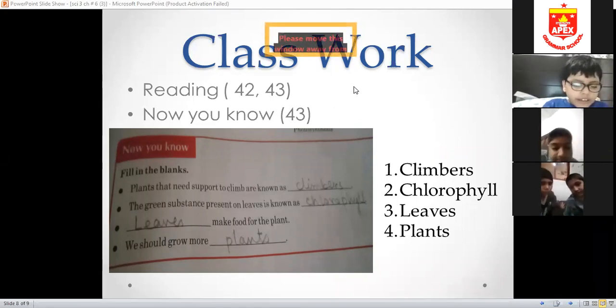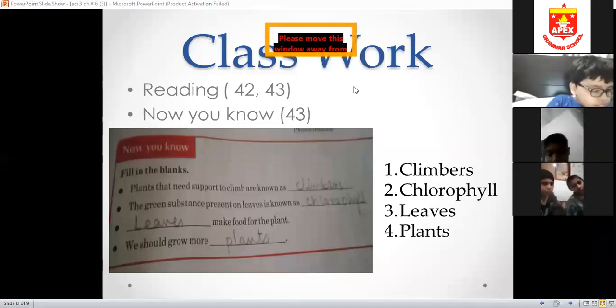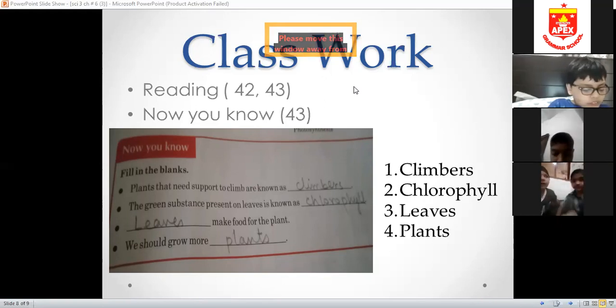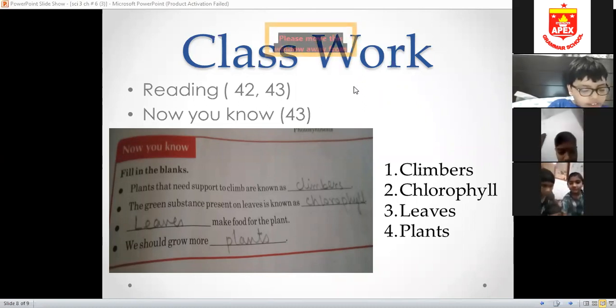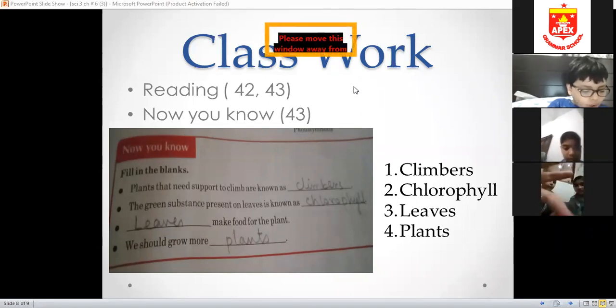The green color is due to a substance called chlorophyll. Chlorophyll helps the leaf in making food. The flat and broad side of the leaf is called the leaf blade or lamina.